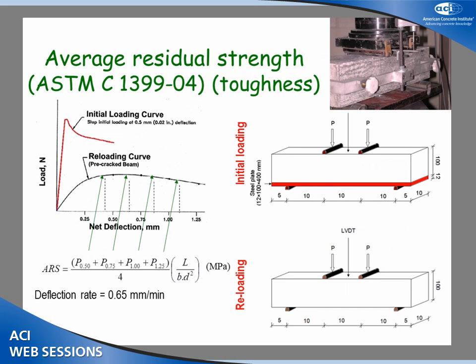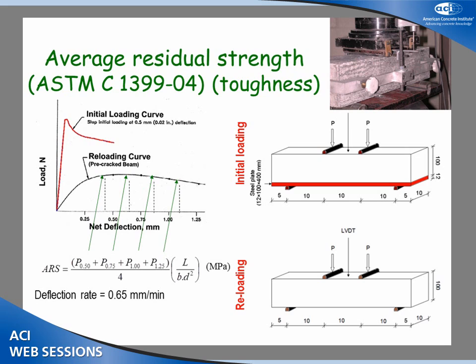Then you can start doing some mechanical properties on the different types of fibers. You can do the flexural strengths, the splitting tensile and the compression test, but the one that is of great interest for fiber reinforced concrete is the residual strengths, where you preload your prism up to cracking at a certain deflection, I should say, and then, using a steel plate that prevents cracking from propagating, you remove the plate and load it again, and you determine the average or mean residual strengths at 4 specific deformations and multiply it by the stiffness.